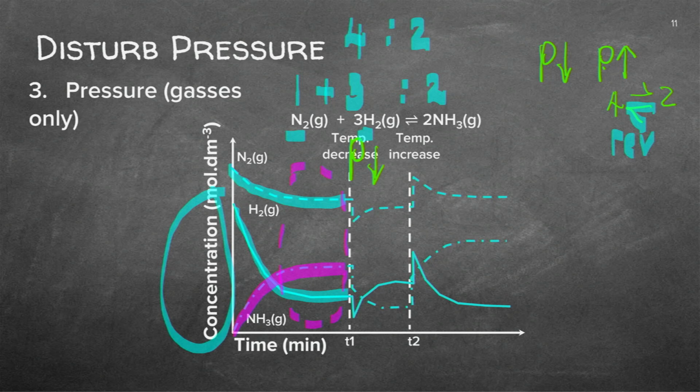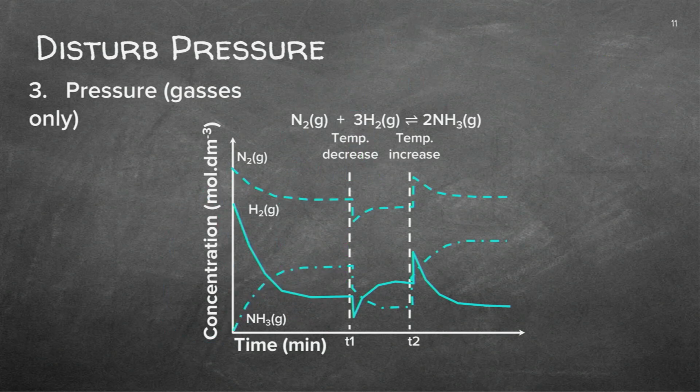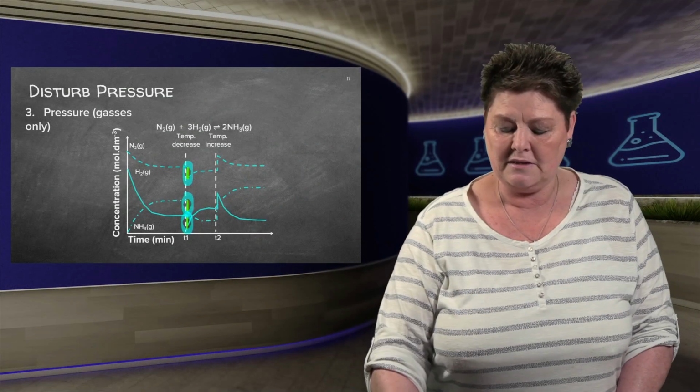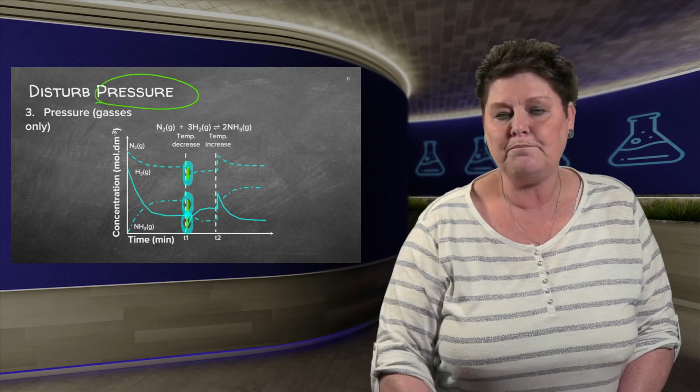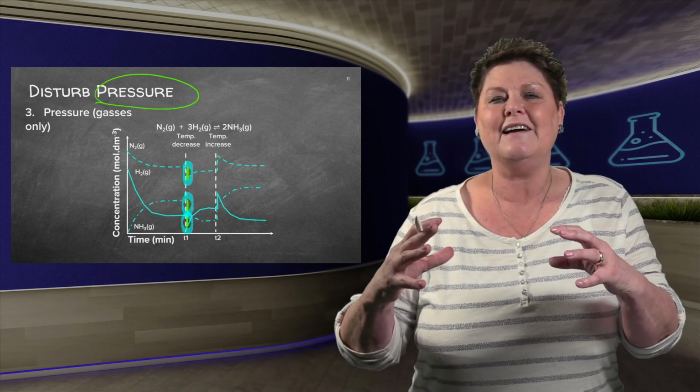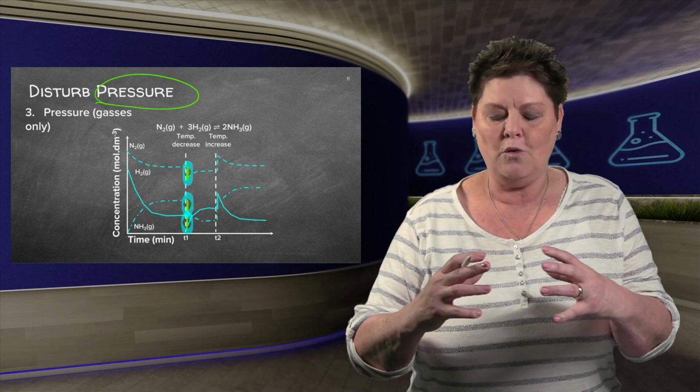Now I want to clear this whole graph. Can you see here that graph, this graph, and this graph? All three of them are going down. Now that's your typical effect if you disturb the pressure, because the container is now being made smaller or larger.